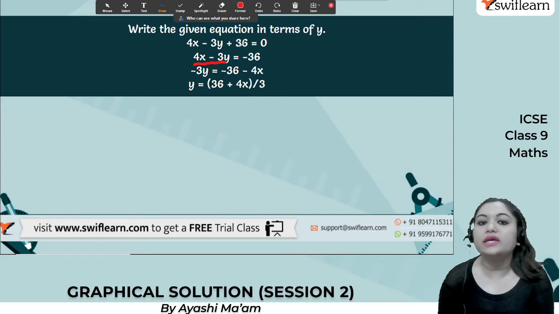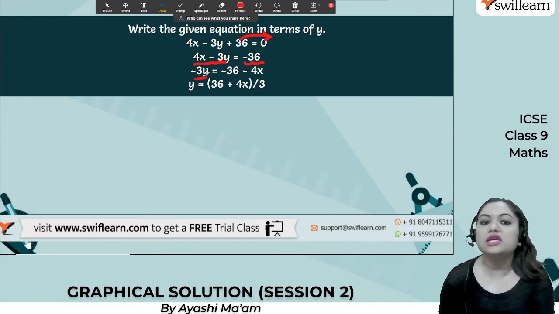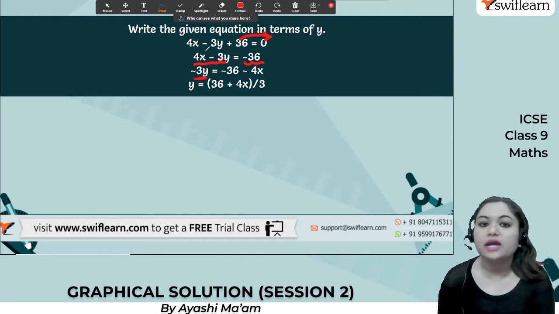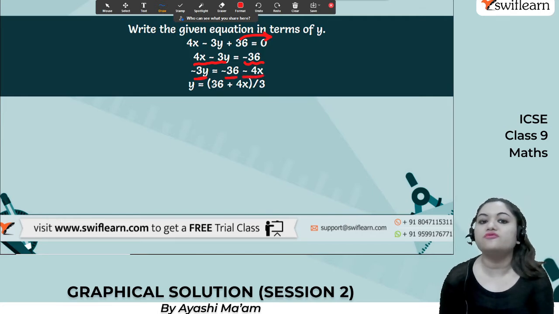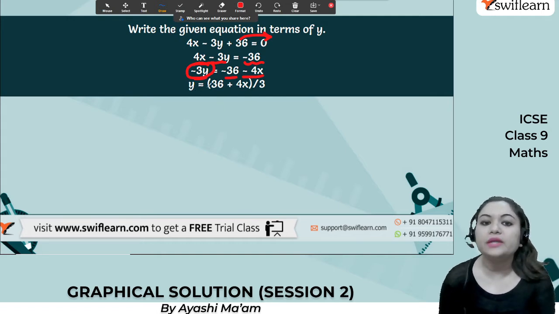4x minus 3y is equal to minus 36, because 36 is going to the other side. And because we want to keep y on our left hand side, they are taking the 4x onto the right hand side, so minus 36 minus 4x, and here we have minus 3y, right? And then what will happen? Look at this step over here.